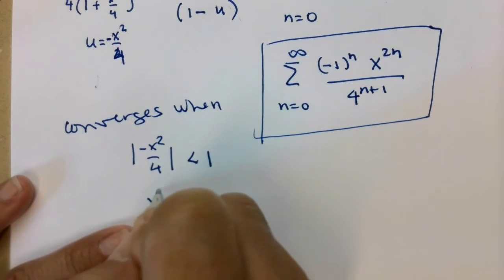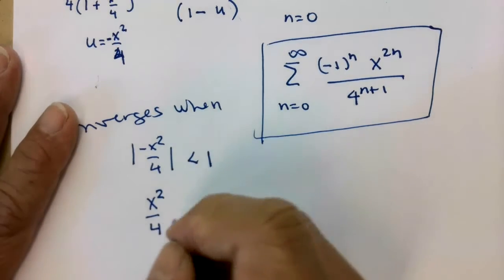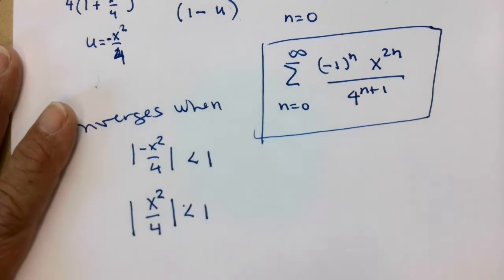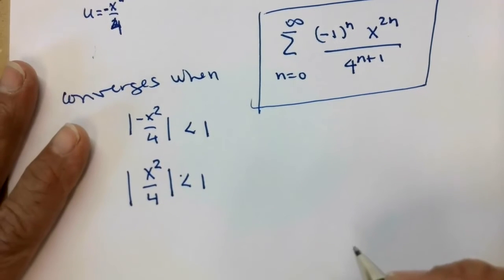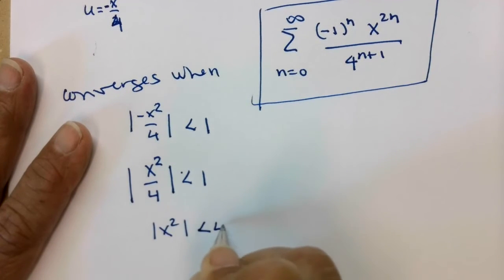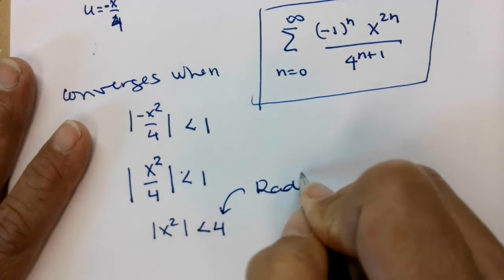So that'll be when, absolute value of the negative, I can get rid of the negative, when that is less than 1, multiply by 4. So the radius of convergence is 4.